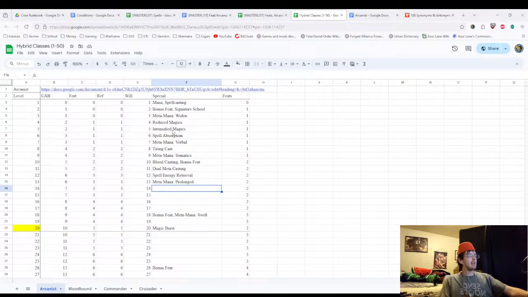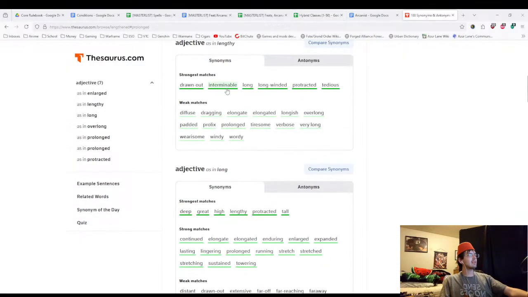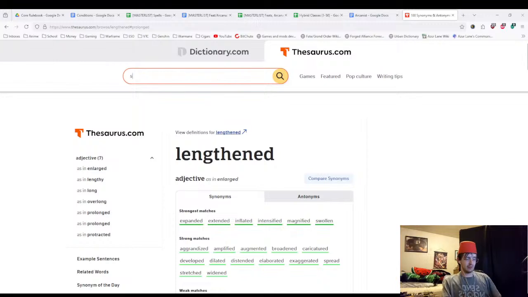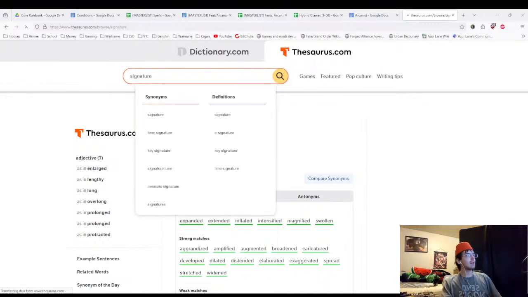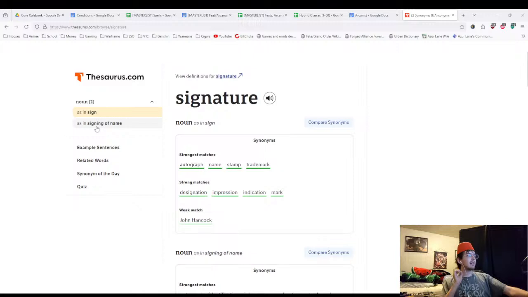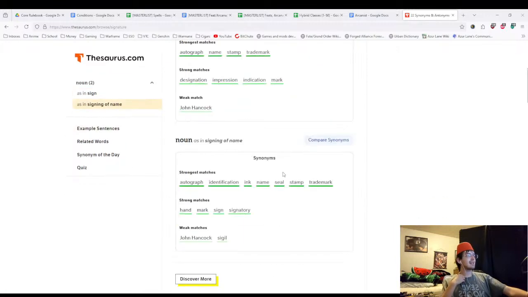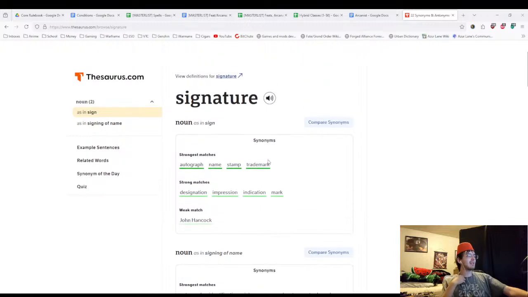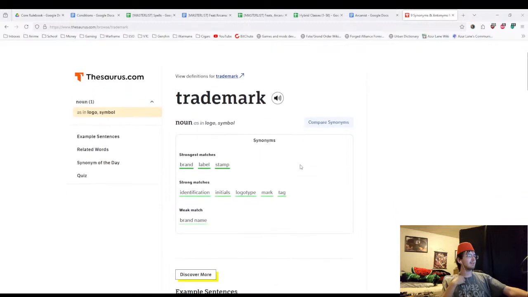So, let's see. Intensified magics is the reduced and intensified up-down thing. Let's do this. Thesaurus.com. Signature. As in, not signing a name, as in trademark, I guess? No, not logo symbol.